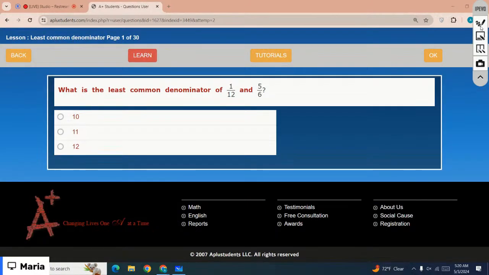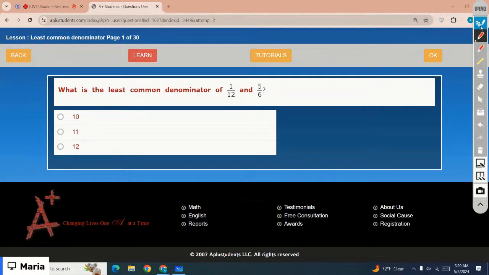Okay, let's just start with the first one. What is the least common denominator of 1 over 12 and 5 over 6? So the denominators are 12 and 6. First, write down the prime factors of 12. They are 2 times 2 is 4 and 4 times 3 is 12, right?